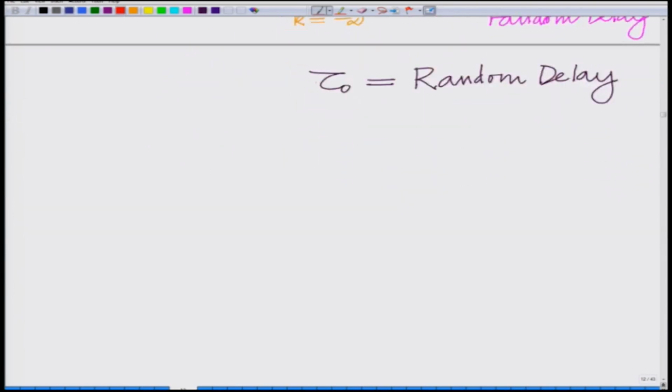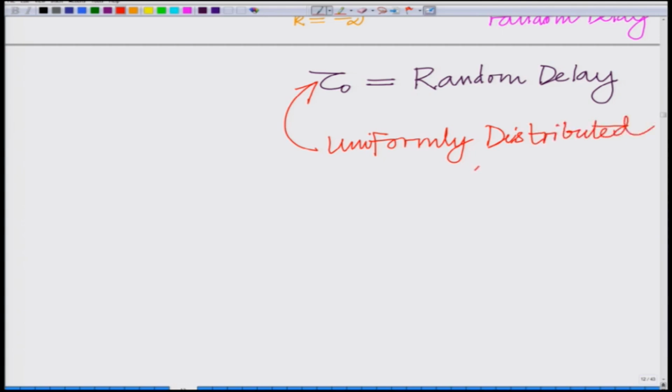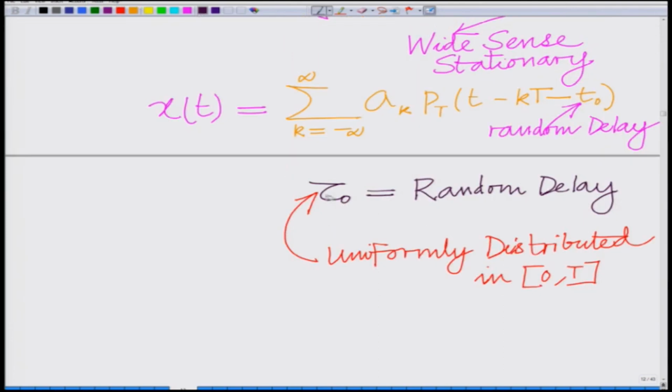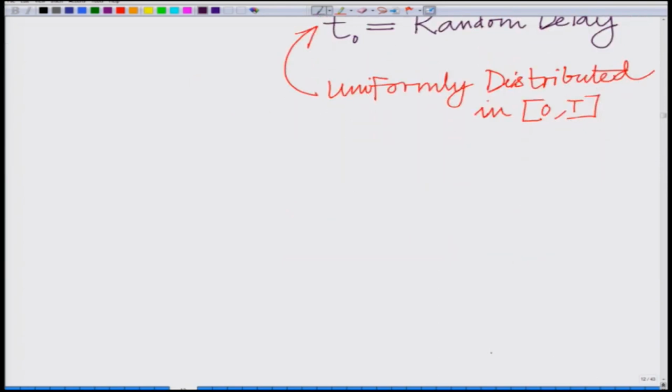We are going to assume this is uniformly distributed in 0 to T. So this is T naught, sorry, not tau naught, T naught, and it is uniformly distributed in 0 to T, and you can see a uniform distribution in 0 to T is given as follows.